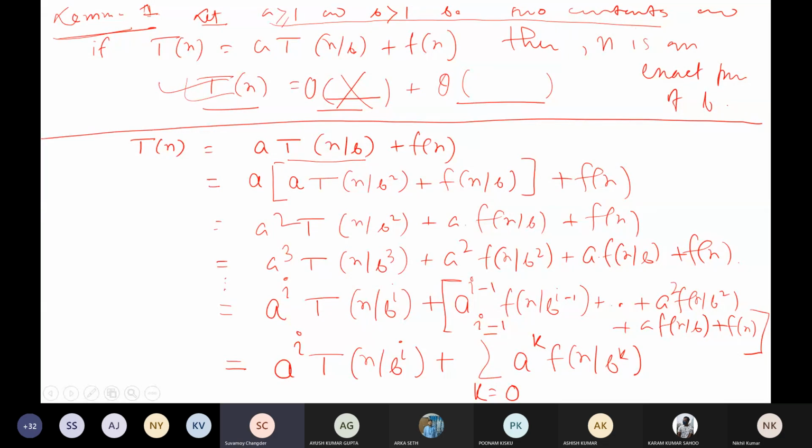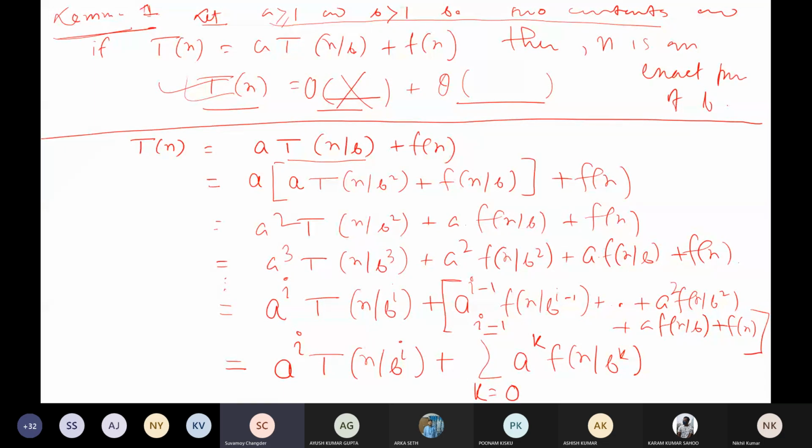Now when will this iteration stop? In this case we can consider that when each subproblem contains a single element, then our recursion will terminate. What is the meaning of this?